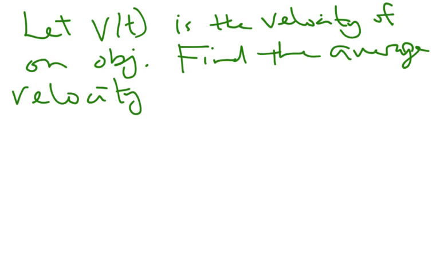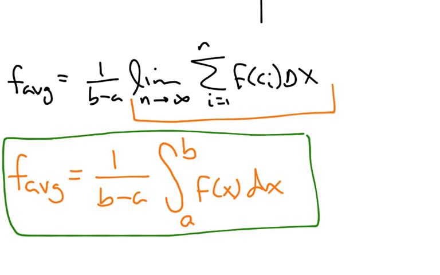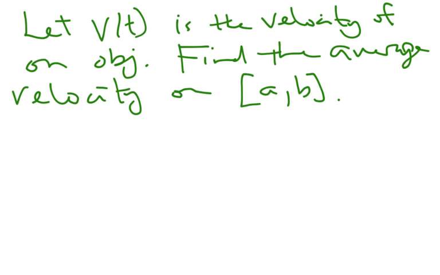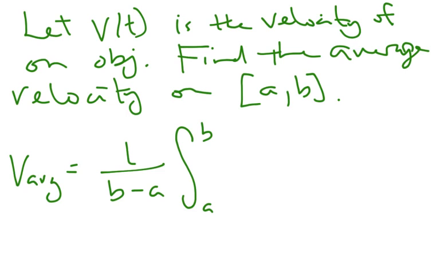Find the average velocity of the object on the interval from a to b. Well, according to the average value integral that I just gave you a few moments ago, all I have to do is go 1 over b minus a times the integral from a to b of v of t dt. And that would be it.